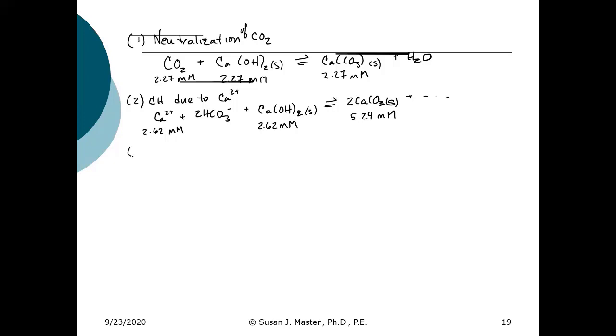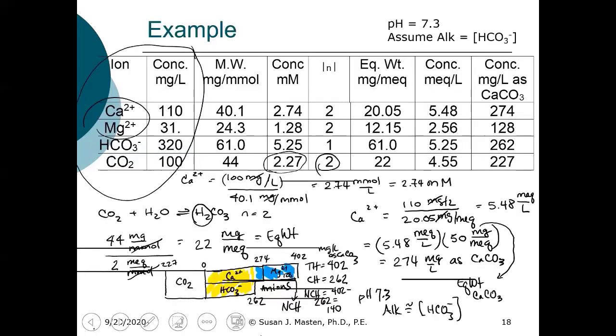The next reaction is the carbonate hardness due to magnesium. So let's look at the bar chart. How much carbonate hardness due to magnesium do we have? No, remember, carbonate hardness corresponds to my bicarbonate. We have 0.